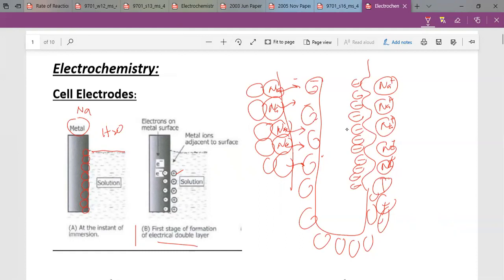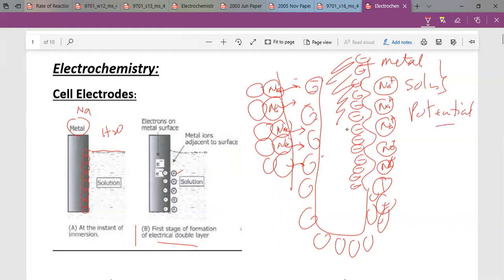On the surface of the metal, there are a lot of electrons. So there's a difference in potential between the solution now and the metal, right? So this is called electric potential. So the difference. So can you measure the potential?